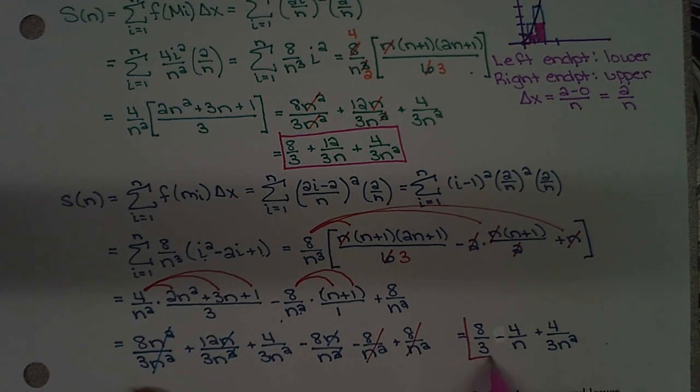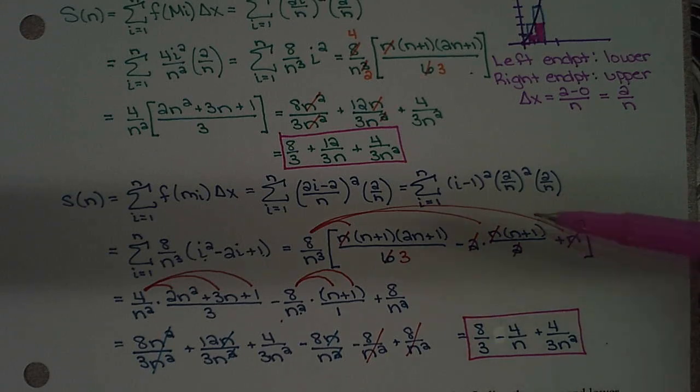This is going to be the formula that ends up giving us our lower sums. So if somebody said draw 10 rectangles, all you got to do is plug in a 10, run with your numbers, and see what you get. Somebody else comes in and says, okay, we'll try doing it if you put 100 rectangles in there. All you got to do is plug in n equals 100 and run the numbers.